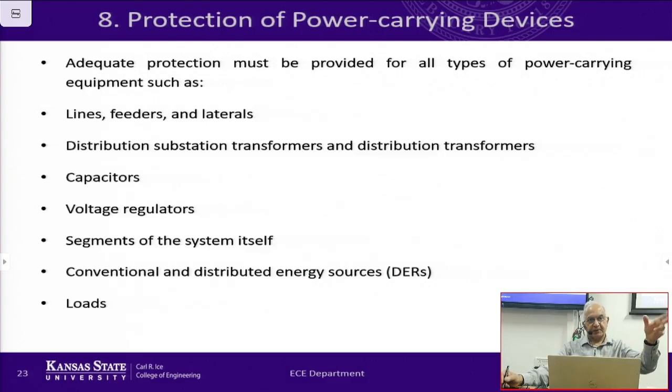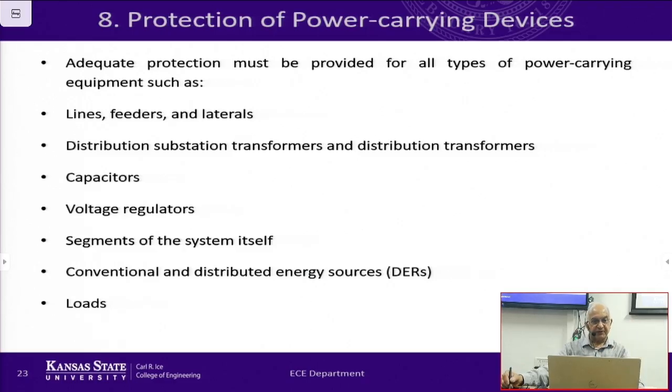Now, the substation transformer is the big transformer that's in the substation, which will be anywhere from 10 to 50 MVA, a large transformer, whereas distribution transformers are small, they are 5 to 25 kVA. So that's the distinction.